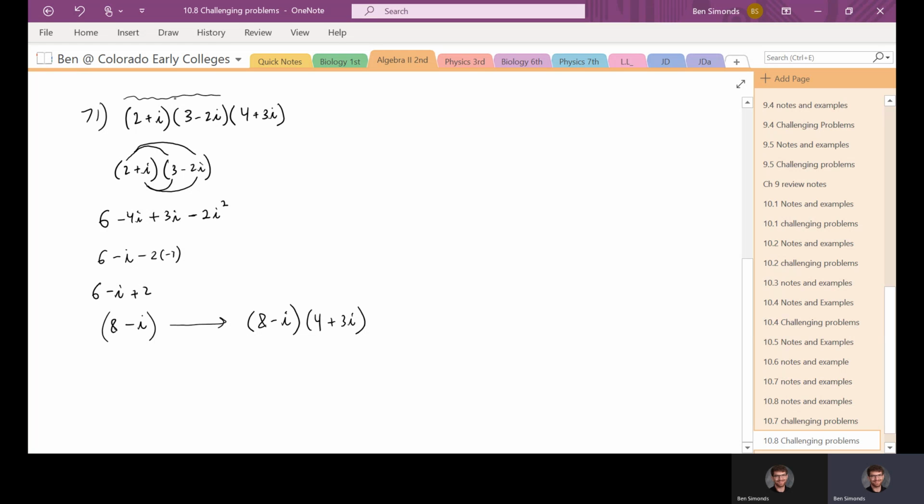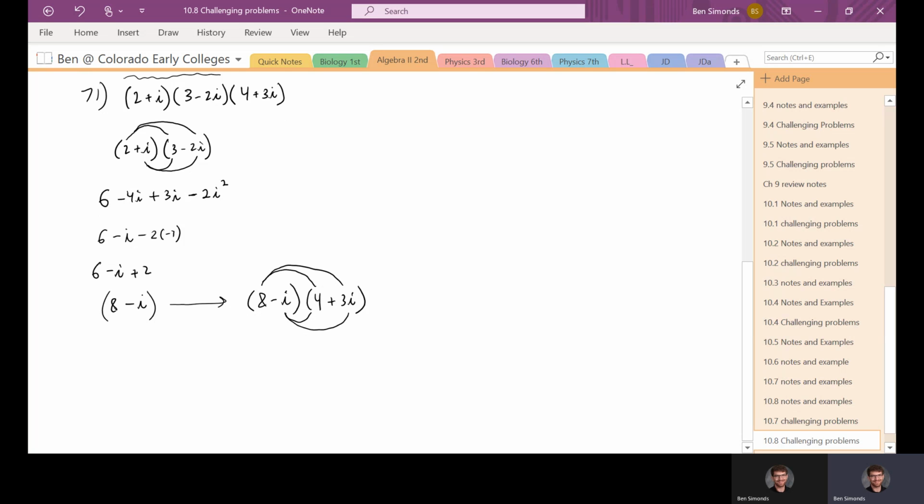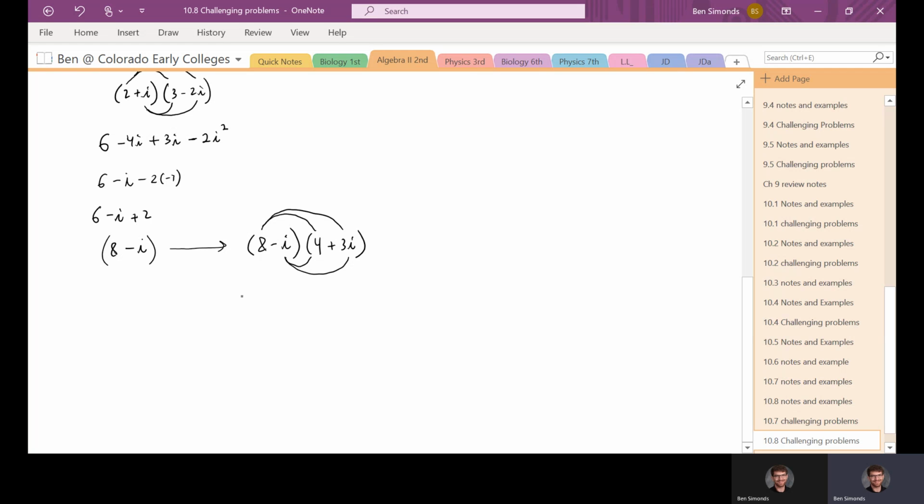Because the 8 minus i was just looking at the first two groups. We still have that third complex number to multiply in there. So again, we FOIL. First, outer, inner, last. So 8 times 4 is 32.